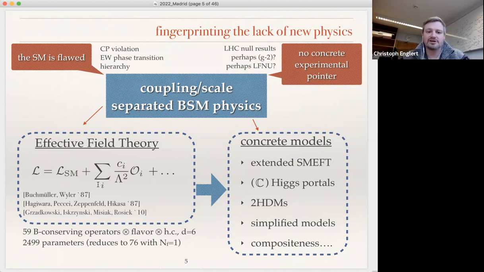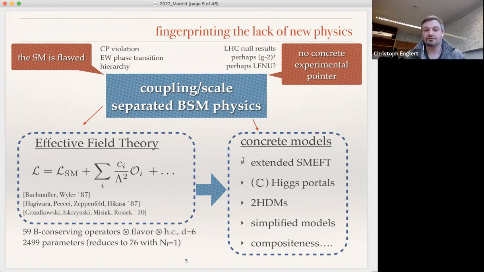And a lot of work has actually gone recently into the first collider-relevant part of these deformations, which appear at dimension 6, and there's a whole range of them. Depending on how you count them, there are 2,499 parameters. But of course, there are simplifying assumptions that you can make based on symmetries, as we always do in particle physics.